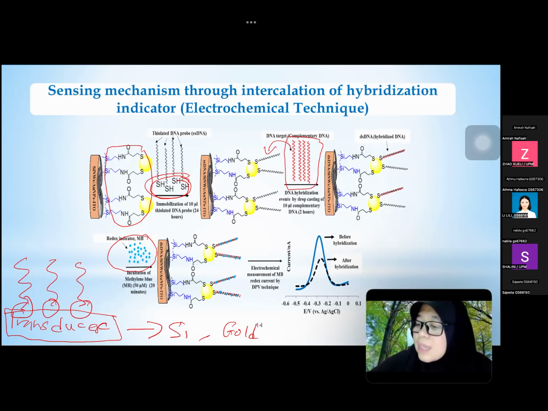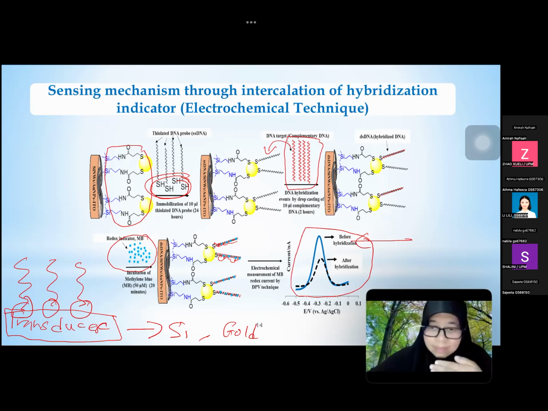When they interact with the hybridized DNA, you have a signal generation. Let's say this is before interaction, and this is after interaction. So the difference of current will indicate how much hybridization.